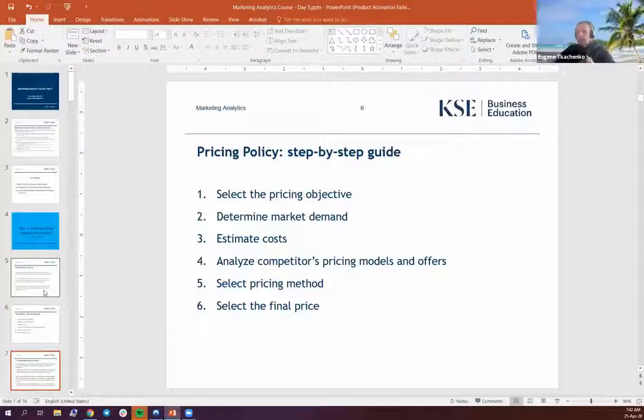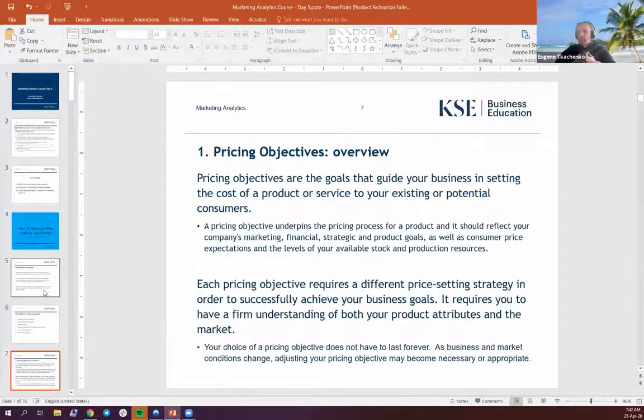So when we're talking about the pricing objective, item number one in our overall pricing policy instruction, pricing objectives are considered goals that guide your business in setting the cost of the product or services for your existing or potential customers.